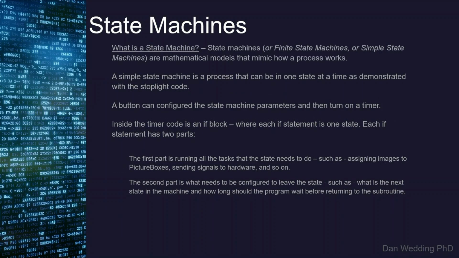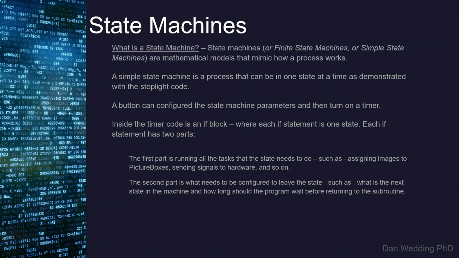State machines are mathematical models that mimic how a process works. A simple state machine is a process that can be in one state at a time, as demonstrated with the stoplight code. A button can configure the state machine parameters and then turn on a timer. Inside the timer code is an if block, where each if statement is one state.